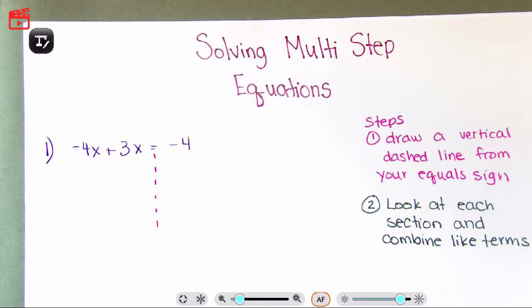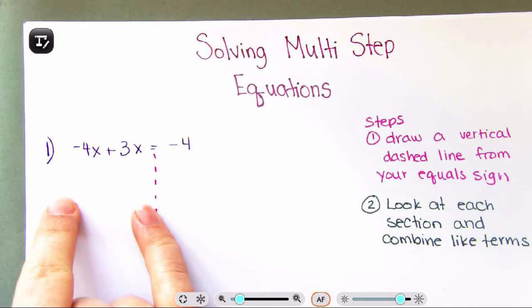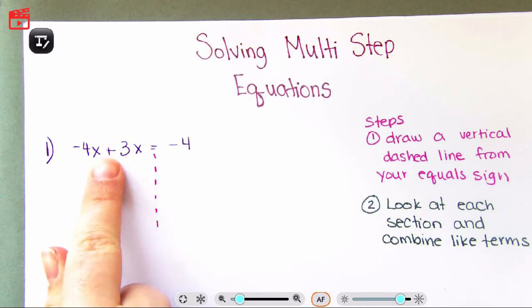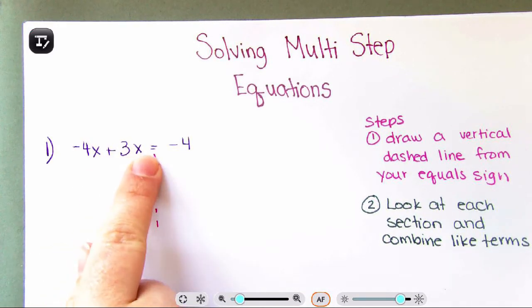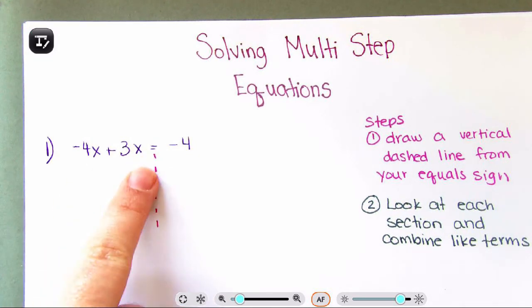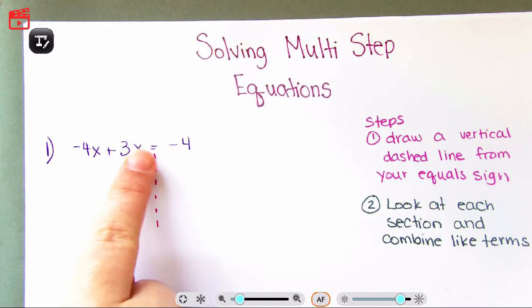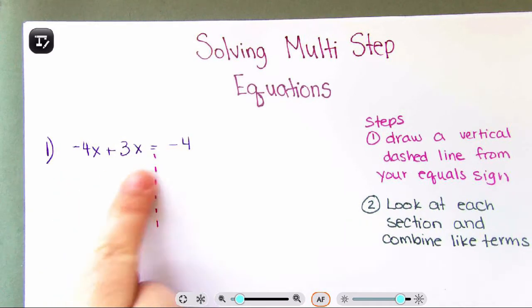Step number 2, look at each section and combine like terms. So I'm going to look at this left section here, and I notice that I have negative 4x's and I have 3x's. So since both of these terms are x's, I'm going to go ahead and combine them into one term. So what that means is I have 2 terms, I'm going to combine that into one term.